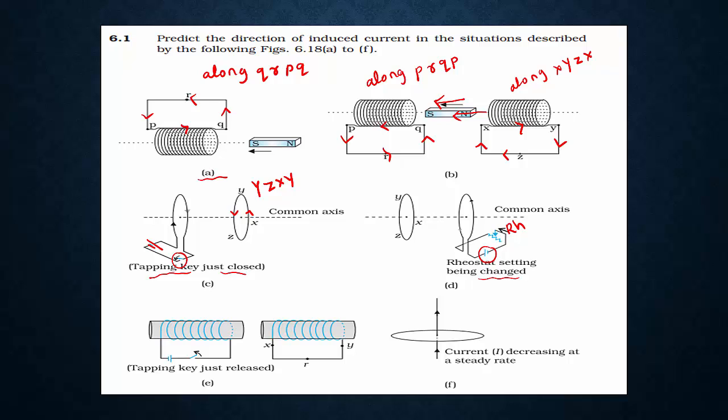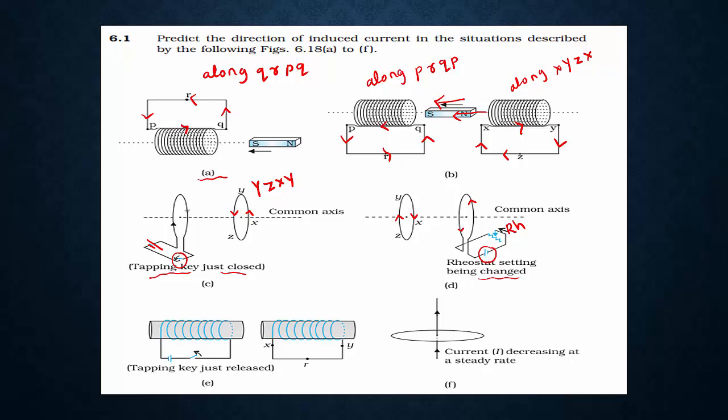Here they have given the direction. You can observe here the current is moving in this direction. Right? So because of the changing rheostat, the current changes and the flux also changes. So the induced EMF takes place in the first coil. But in which direction does the induced EMF take place? Here you can observe, this is in the clockwise direction.